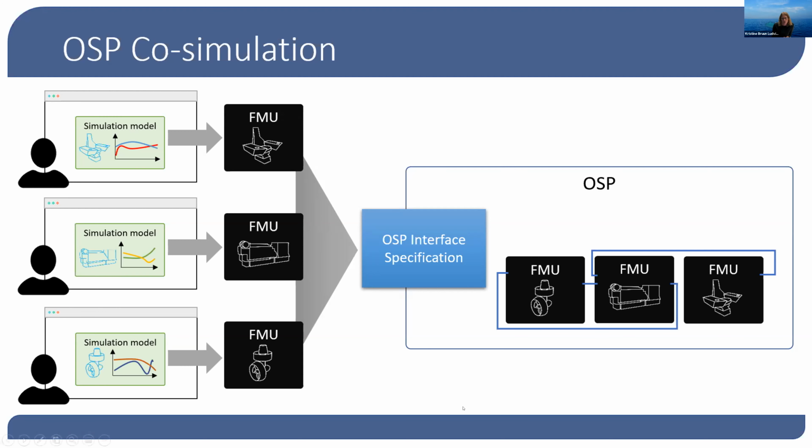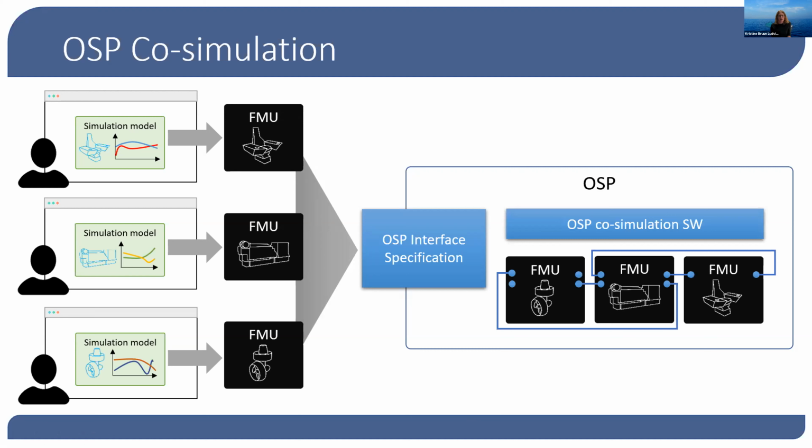So with OSP-IS, we build on top of FMI a layer of semantic meaning to the simulation variables that makes them easier to connect. Now we have a set of models coupled and configured, ready for simulation. The obvious missing piece in the picture is the co-simulation software that we have also developed. It orchestrates the co-simulation, meaning that it handles time synchronization between each of these FMUs.